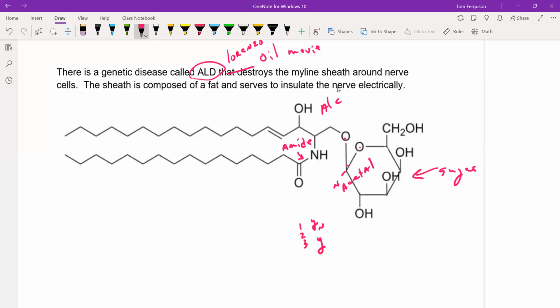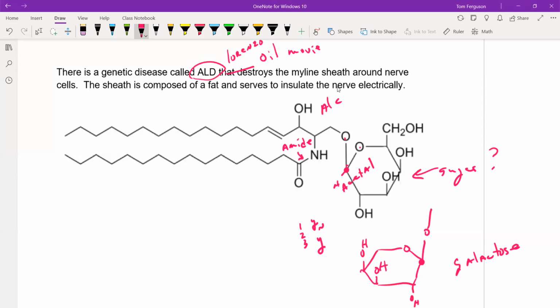So what sugar is this? Now the problem is this is the anomeric carbon on the left rather than right. So you need in your mind to flip this over. So that's galactose.